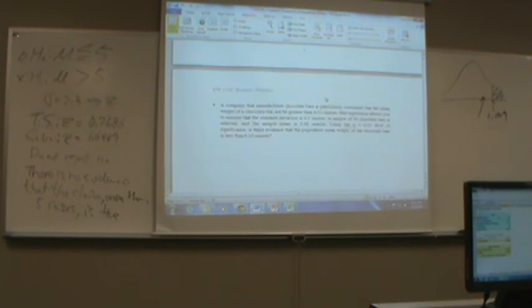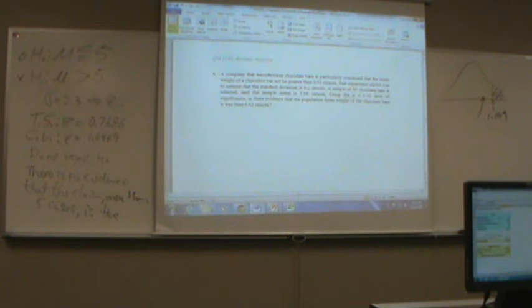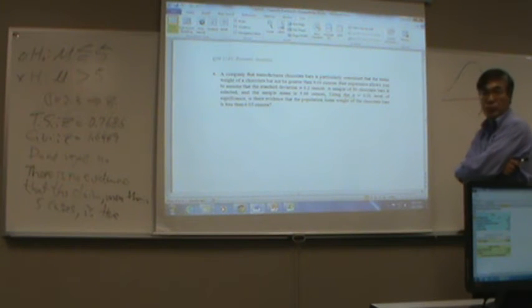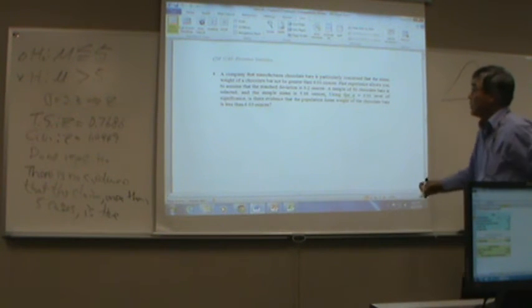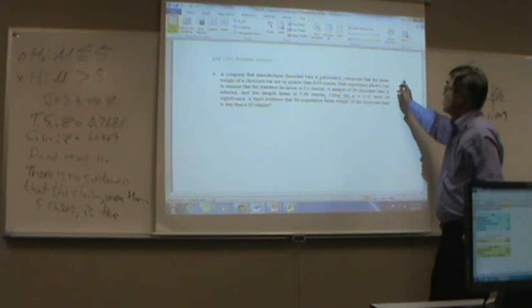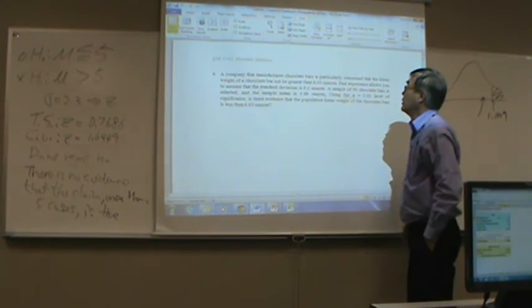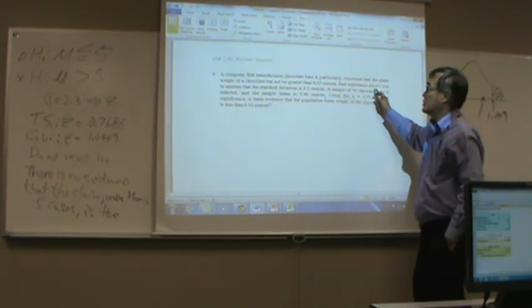Number 4. A company that manufactures chocolate bars, the same as the example, is particularly concerned that the mean weight of a chocolate bar not be greater than 6.03 ounces.